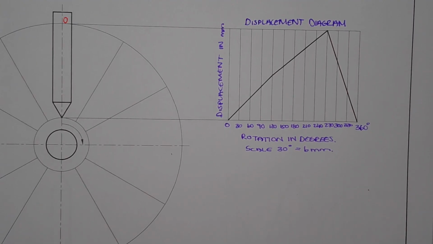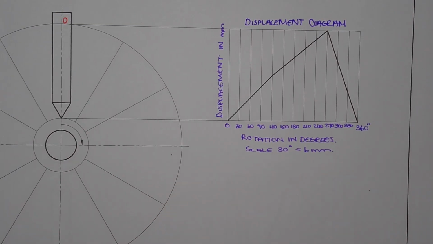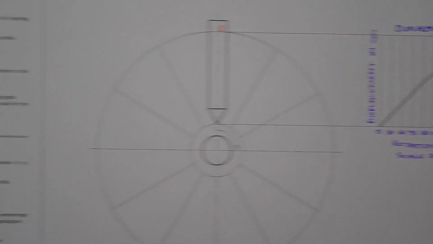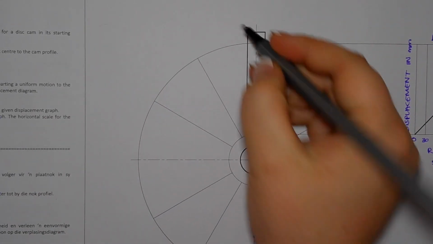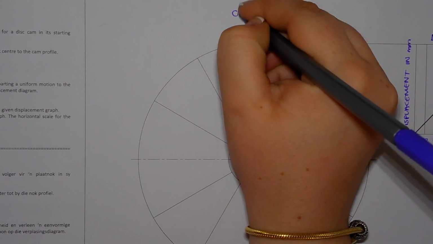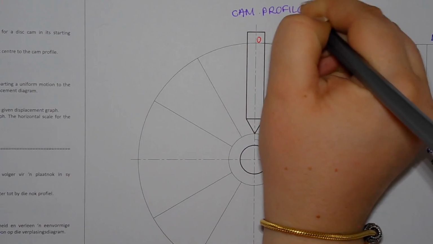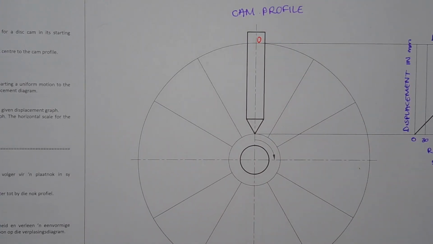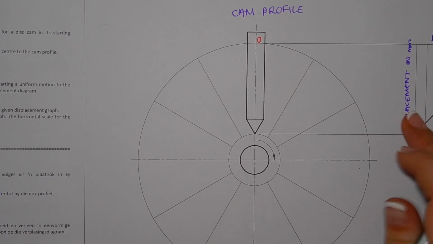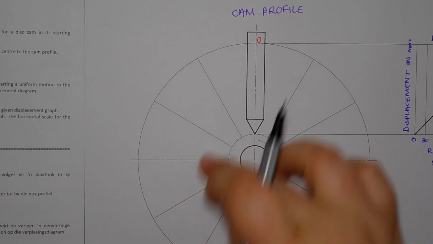Then, this is for the displacement diagram. Labeling is complete. I need to label this as my cam profile. Then, because I've labeled all of the lines on the graph, I need to label these lines as well.